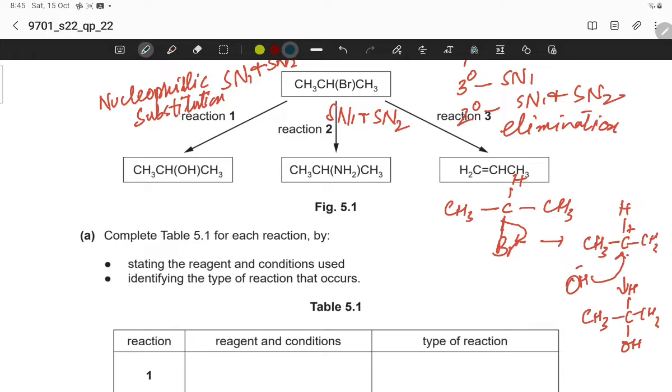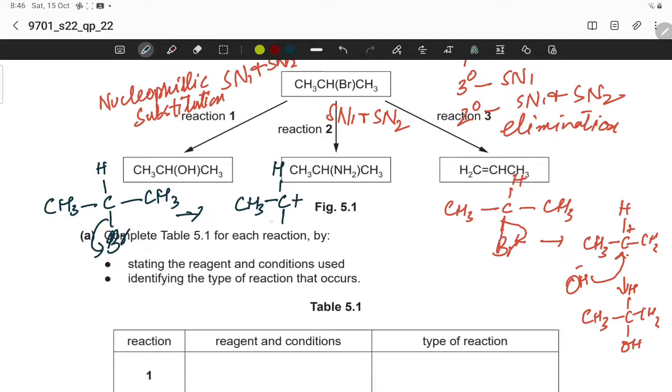For example, ammonia attacks CH3CHBrCH3, and this is the CH3CH+CH3 carbocation, and now ammonia attacks over here.